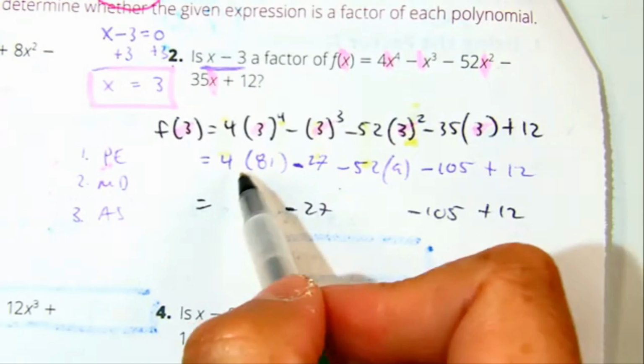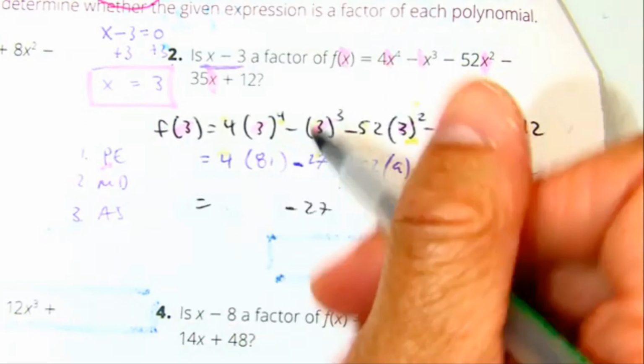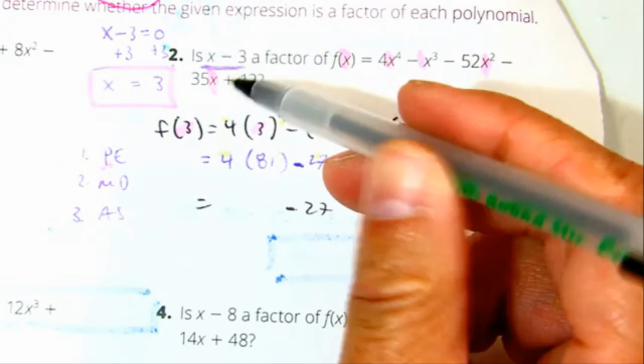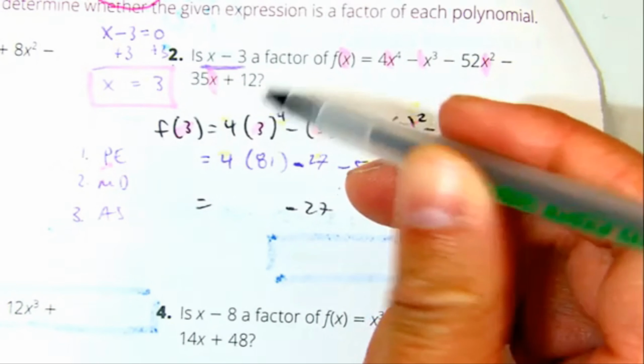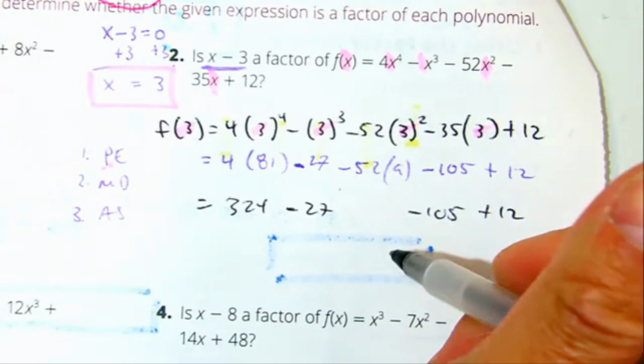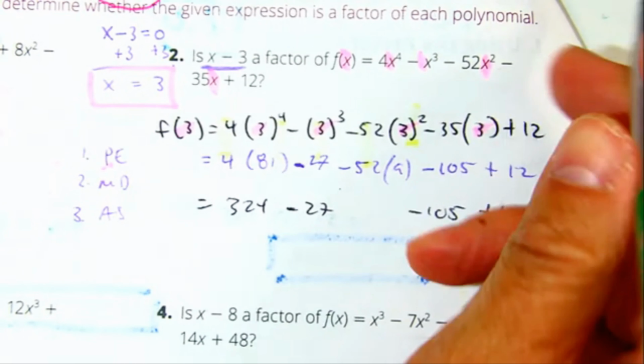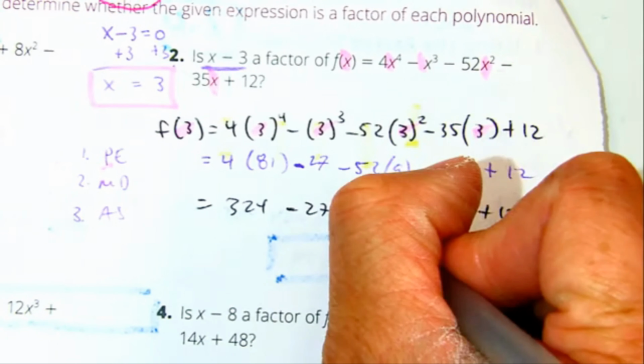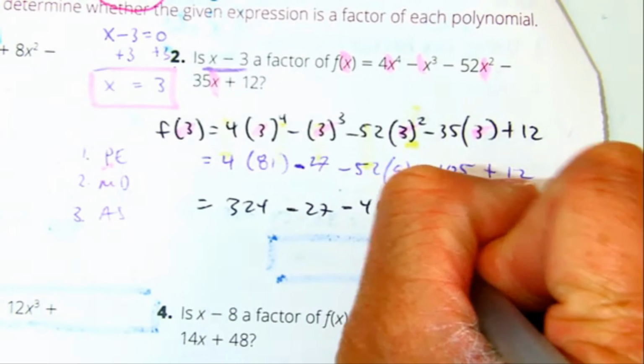Four times 81. And negative 52 times 9. Negative 468. Thank you.